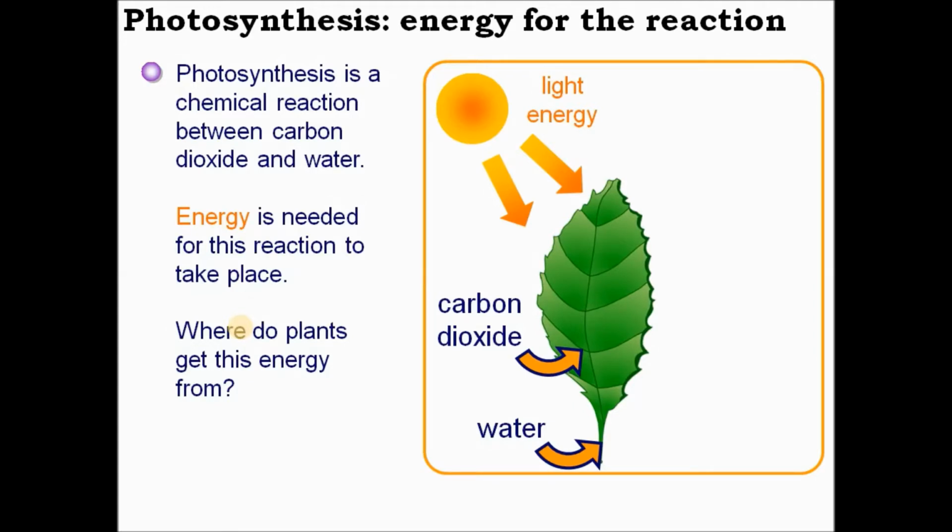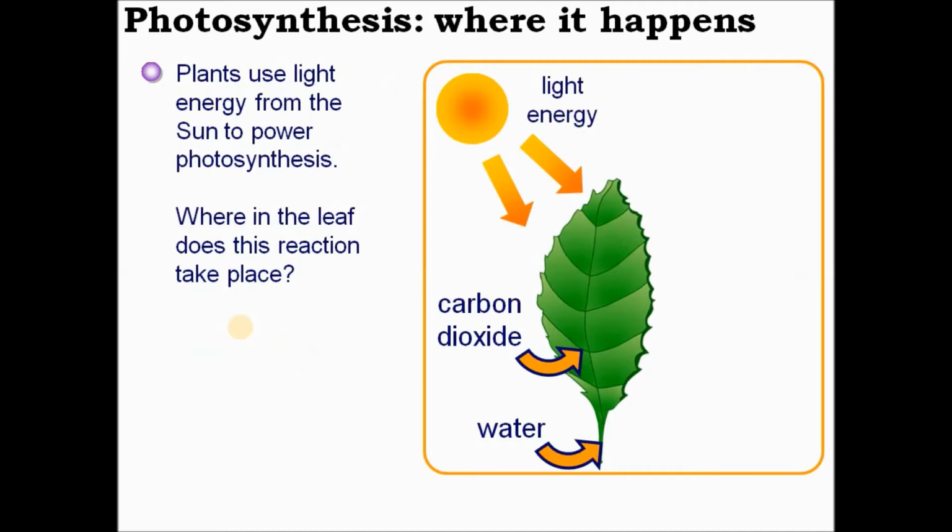So light energy is utilized from the sun. So plants obtain this light energy from the sun to carry out this reaction of photosynthesis. So in the photosynthesis process, carbon dioxide and water are going to get combined in the presence of sunlight. Plants use light energy from the sun to power photosynthesis. Means to carry out photosynthesis, the plant requires the sun's energy.